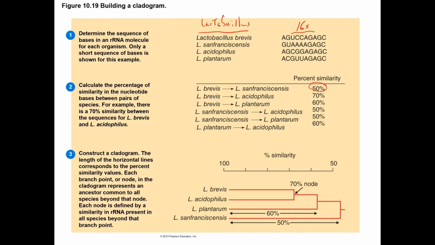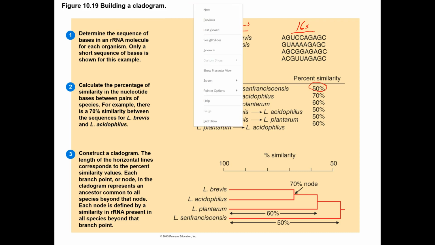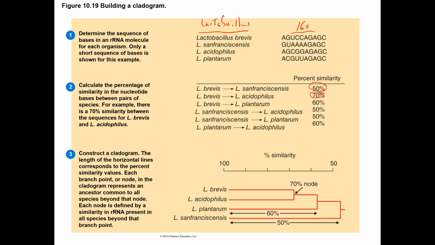But then when you compare brevis to acidophilus, look at that, they're 70% similar. And then you just keep working your way down. So brevis and plantarum is 60%, sanfranciscensis and acidophilus 50%, and so on. So you just mix and match all of them to figure out initially percent similarity. And then once you've got that percent similarity figured out, then you can start drawing up your cladogram, your family tree.